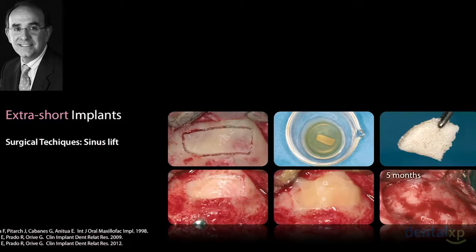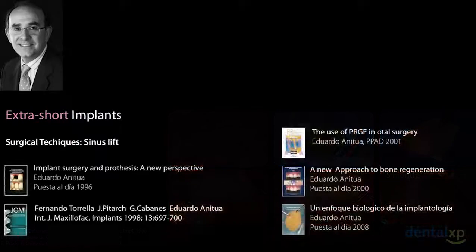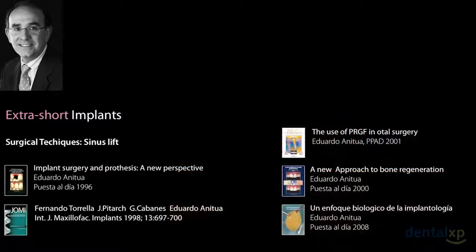I cover with fibrin. Observe that I prepare the biomaterial in a clot of the PRGF. You increase the volume of the graft, you increase the volume of the autologous bone, and at the same time, you have a great biomaterial and also increase the number of cytokines to stimulate bone growth.